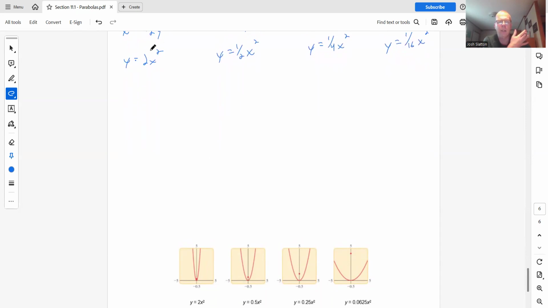We could tell this from the transformations we learned: if it's a bigger number here, it makes the graph narrower. If it's a smaller number, getting closer to 0, it makes the graph wider. But we can also see the wider the graph gets, the bigger the distance the focus gets from the vertex. So that's kind of the idea there.